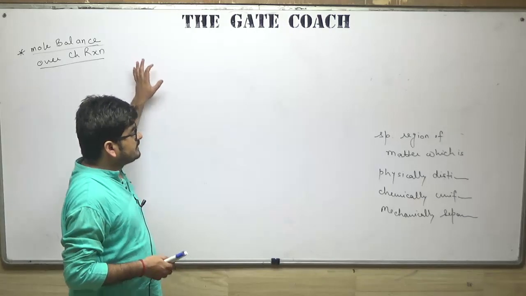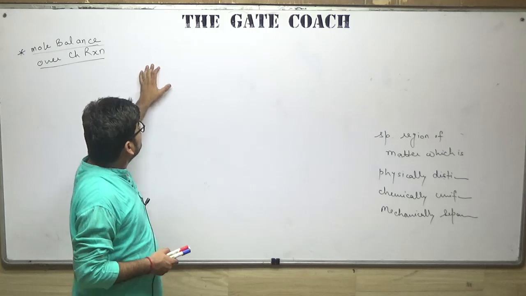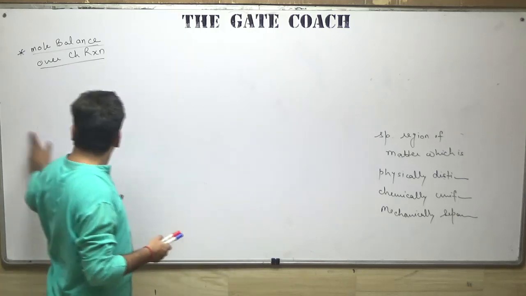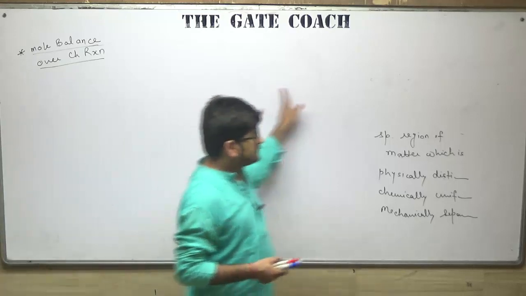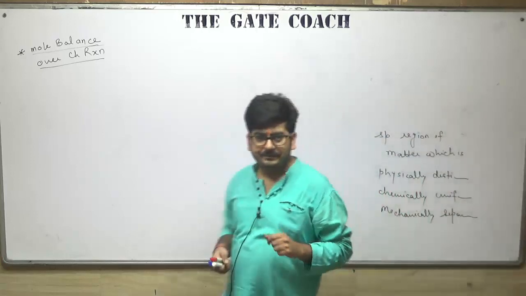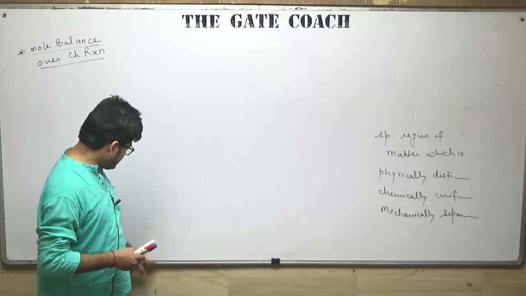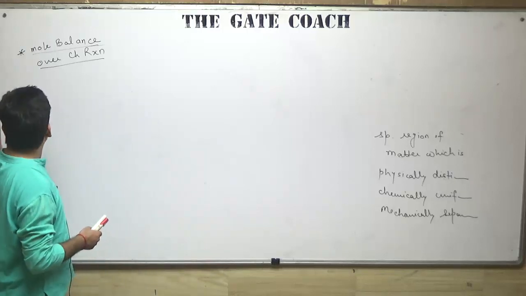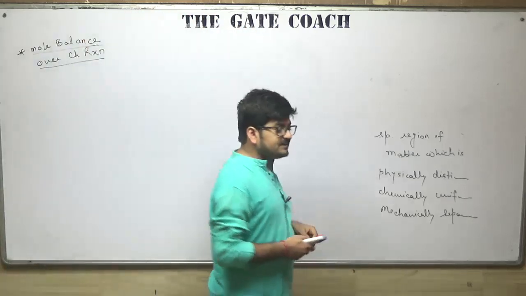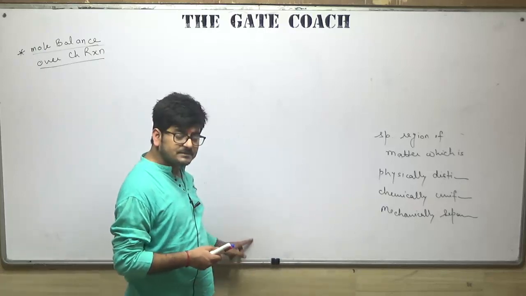For example, if I talk about this board, you can see from this point to this point and from left to right, this is white in color, and if you see the borders, this is a silver color aluminum strip, meaning we can physically distinguish between these two things.